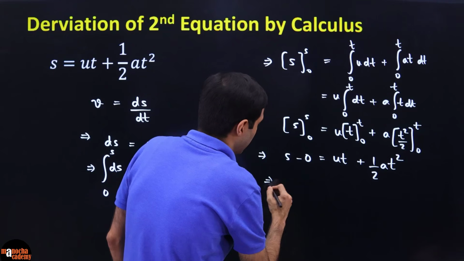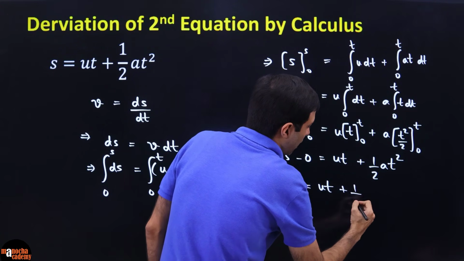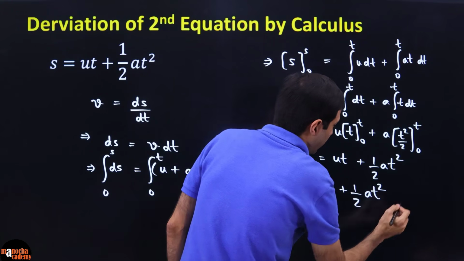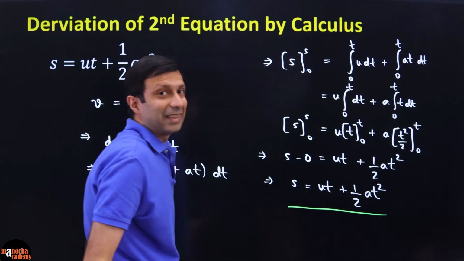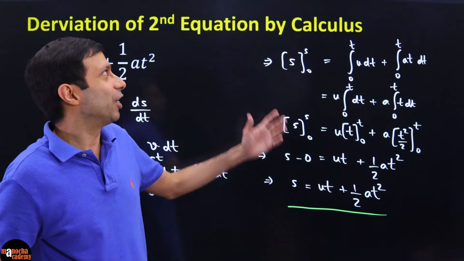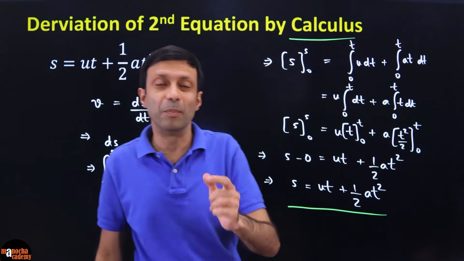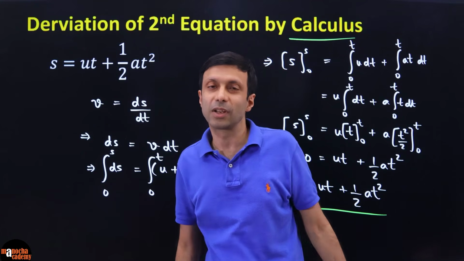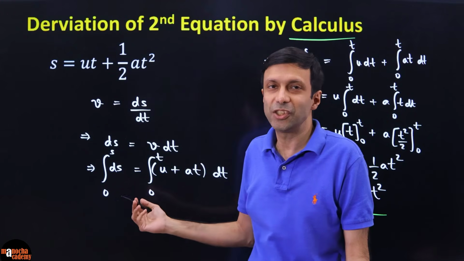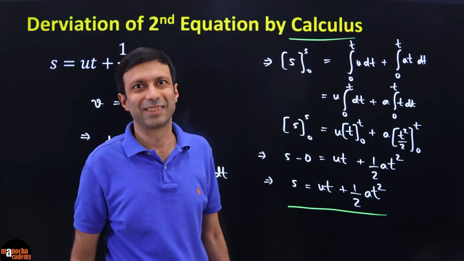So there you see we are getting s equal to ut plus half a t square. And we are done. We have derived the second equation of motion using our calculus method. Again, the main trick is to know how to start, and you go ahead and do the calculus method, apply your integration, and you will easily get the derivation here.